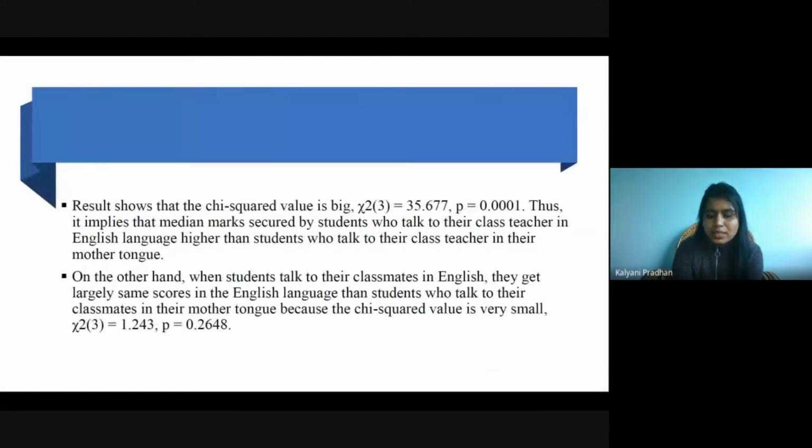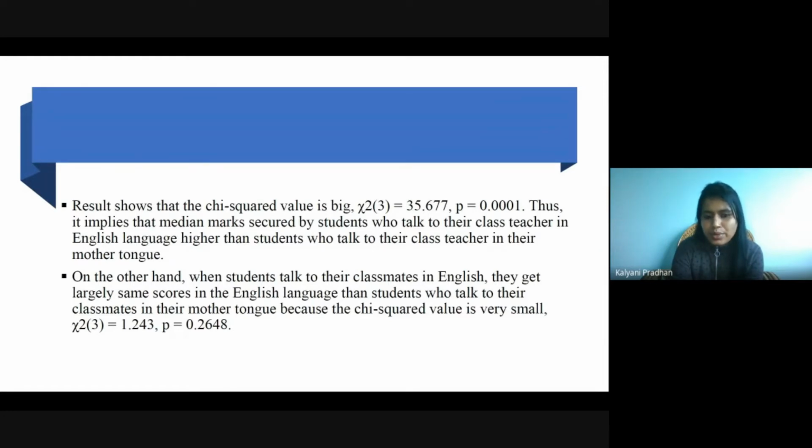The result shows that the chi-square value, chi2 in bracket 3, is equal to 35.677, p is equal to 0.0001. Thus, it implies that the median marks secured by students who talk to their class teacher in English are higher than students who talk to their class teacher in their mother tongue.